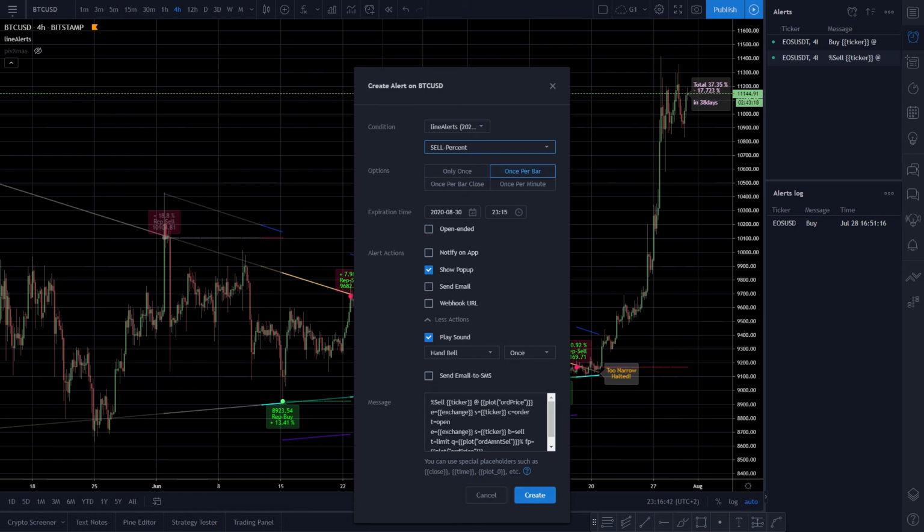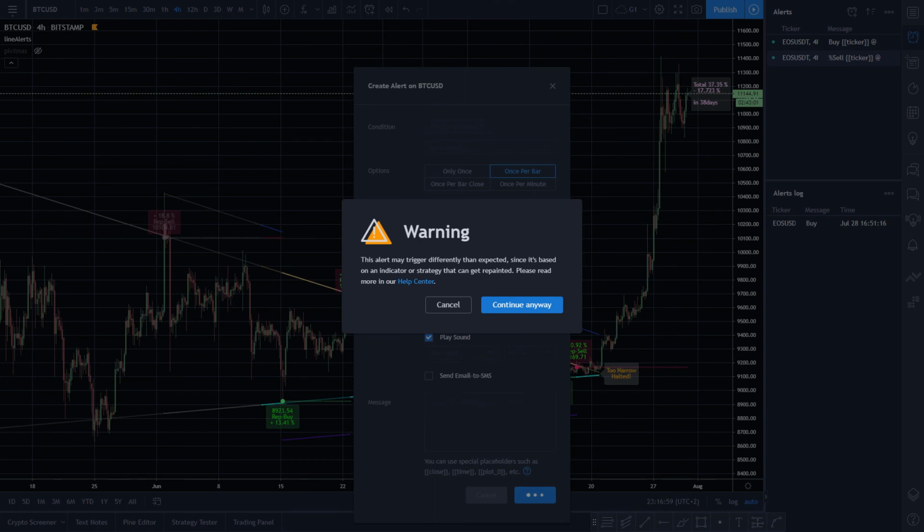There are several options to automate your trading. Therefore, the alert message created in line alerts can be overwritten or modified to your needs whenever an alert is being created or customized. When the alert is being created or saved, a warning appears about the repainting aspect. This is because line alerts uses bar and time-related functions to implement the anti-bar correction for low liquidity pairs at micro resolutions like a 1-minute scale.